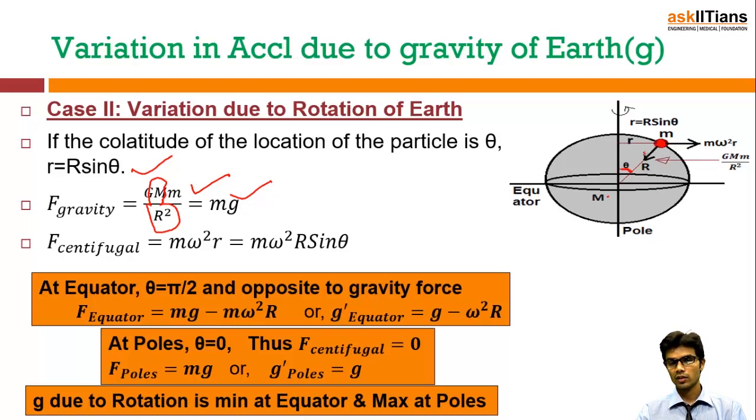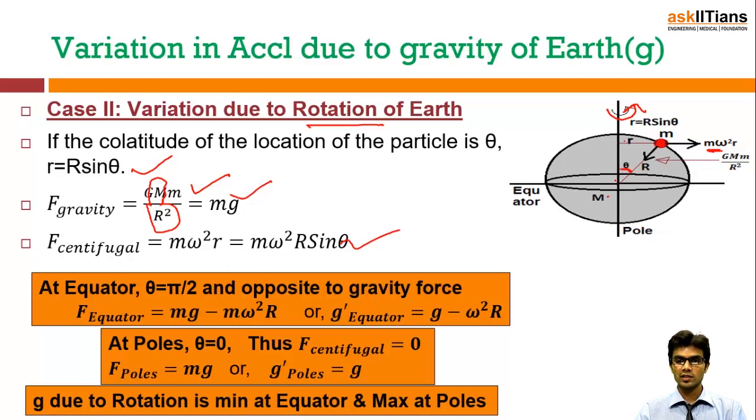Now since we are considering here rotation of the earth, the earth is rotating around its pole, around its axis, so we can consider this particle is also rotating in a circular motion, and centrifugal force is given by m omega square r, and here r is equal to capital R sin theta, we can put here. So centrifugal force is equal to m omega square R sin theta.